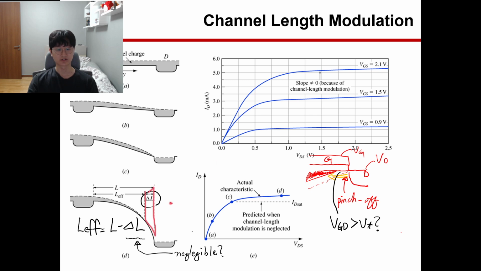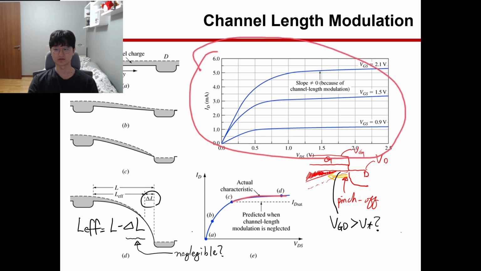So for an ideal MOSFET the current will be flat, but in this case additional current will flow. So the actual characteristic is this picture.